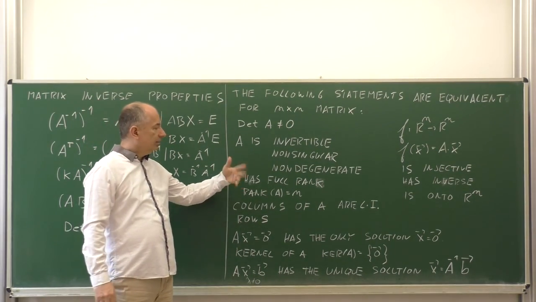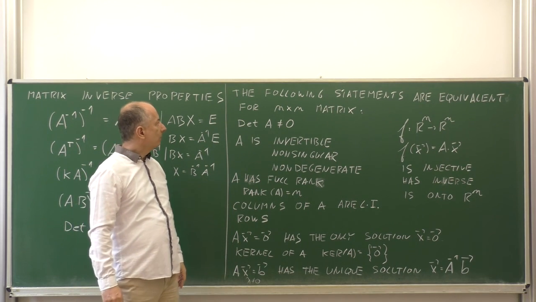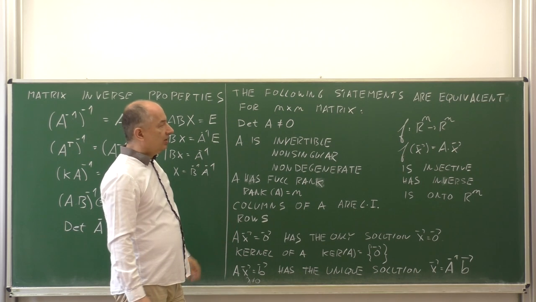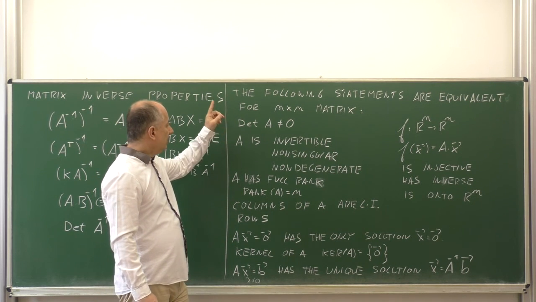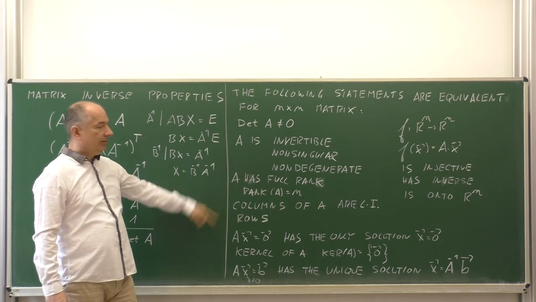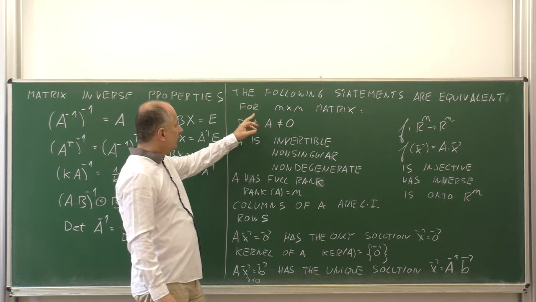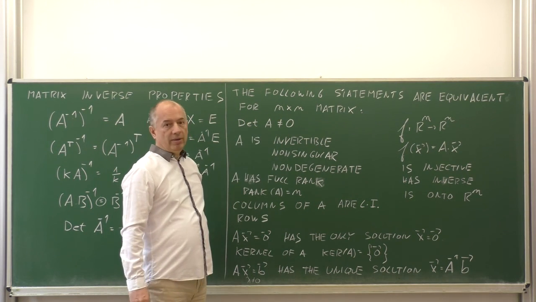Well, and a few terms. The following statements are equivalent. That means if one of them is true, then every one is true, and if one of them is false, then every one is false. Consider a square n by n matrix.